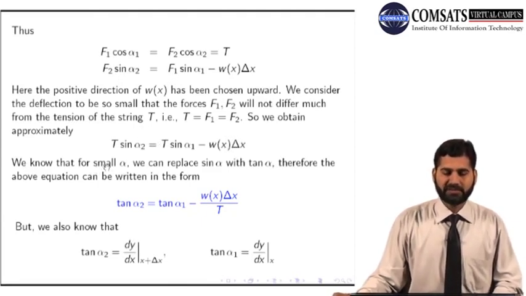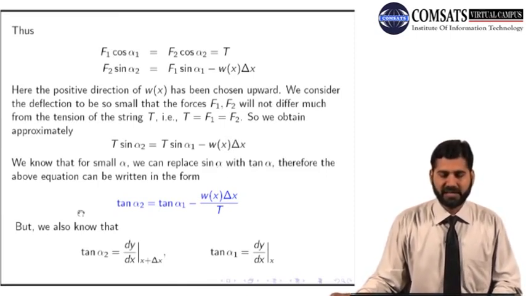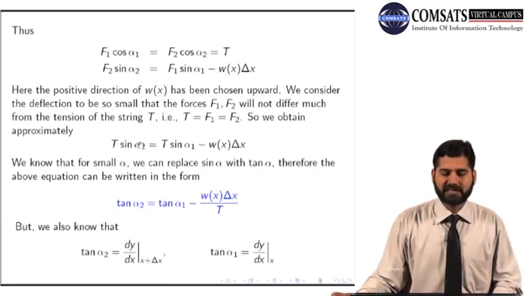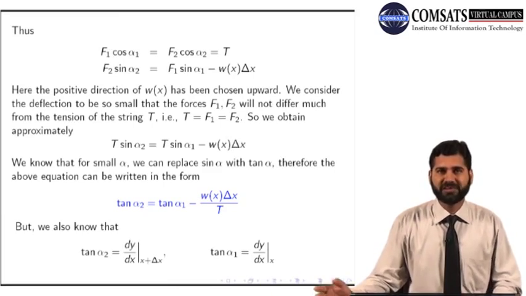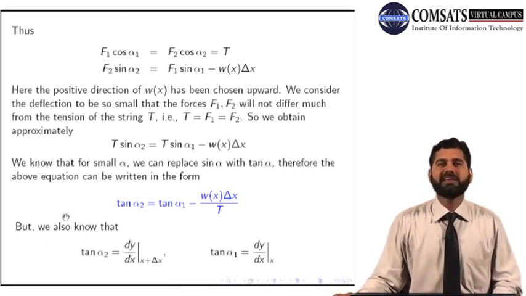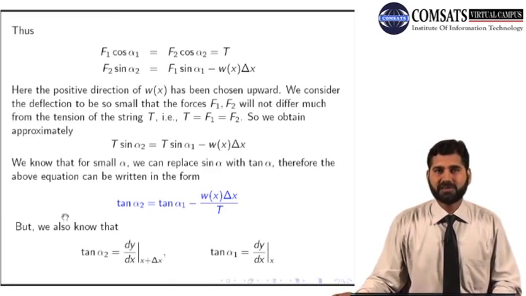We know that for small alpha, we can replace sine alpha with tangent alpha. Therefore, the above equation can be written in the form where we replace sine alpha 2 by tangent alpha 2, and sine alpha 1 with tangent alpha 1. If alpha is the inclination angle, then tangent is the slope of the curve, and slope is given by dy by dx.